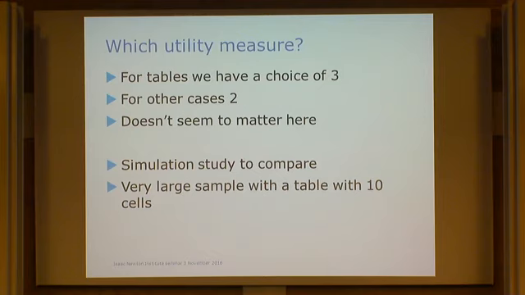I also did a simulation study, which I did before I looked at the real data. It was really to look at what happens with very large samples. This was with a table with 10 cells and a huge number of observations, I think it was 50,000. Initially, making a random partition of the probability of being in that cell and synthesizing from the correct model for each one.